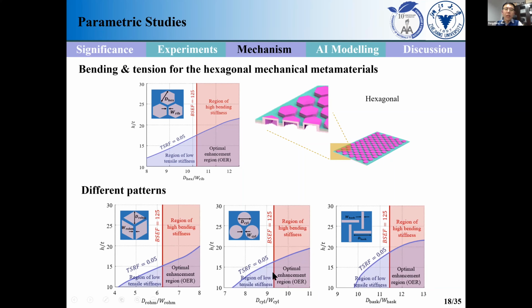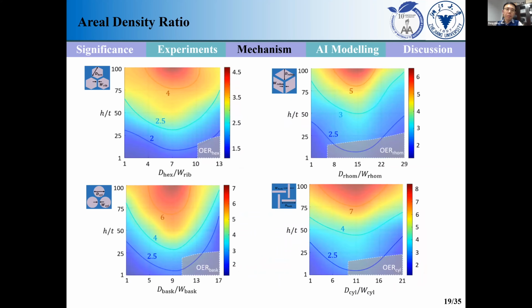We can see it always here. But comparing to other design patterns, hexagonal is the best. And here is the comparison of the areal density ratio. Again, the main finding is that the hexagonal pattern is the optimal, is the best for us.